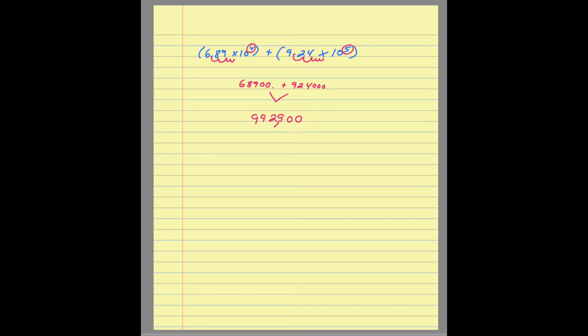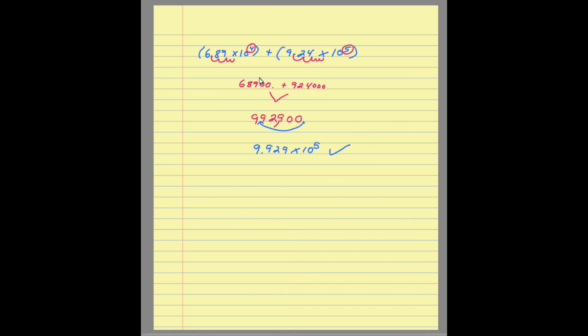So I'm simply going to take my decimal point, and go back to a spot where the number will read between 1 and 10, which is right here. And that would be 9.929 times 10 to what power? How many times did I move the decimal point? 5 times. It will be a positive 5 because this number is clearly greater than 1. And this is my answer in scientific notation.